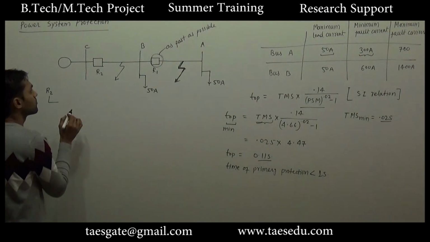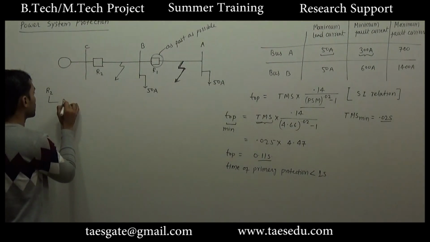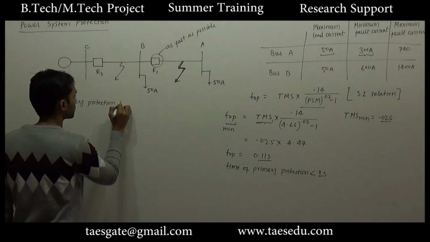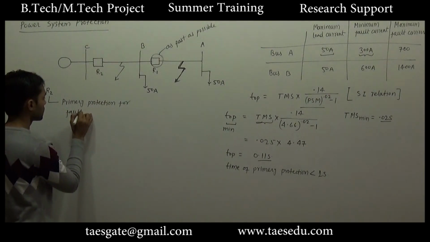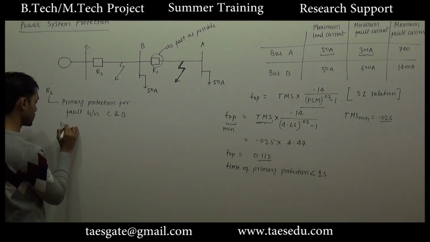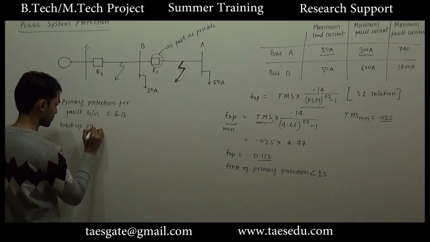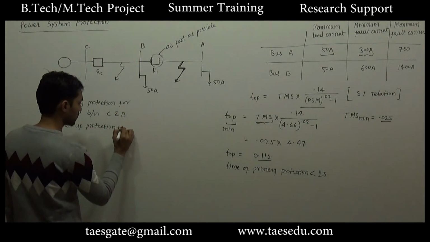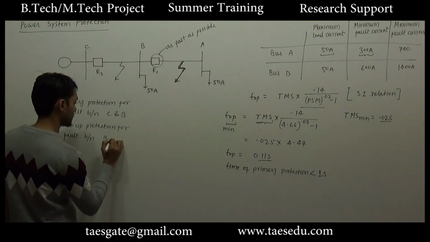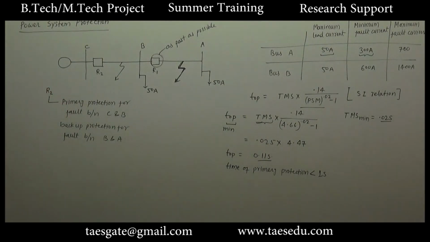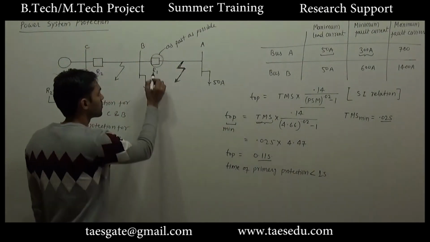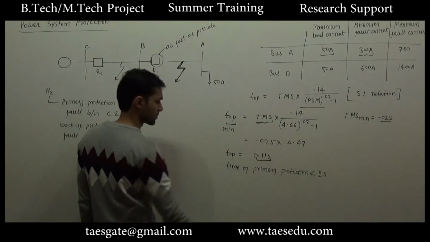What it does, it provides primary protection for fault between C and B, and backup protection for fault between B and A. Now if we are talking about this fault, the time of operation of the primary protection is 0.11 second.